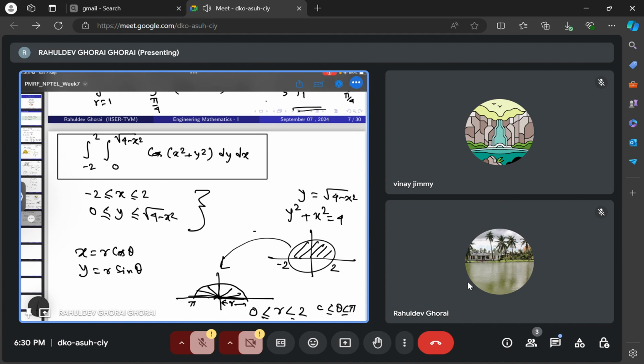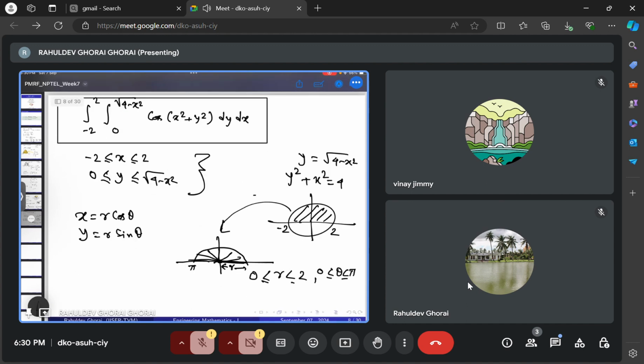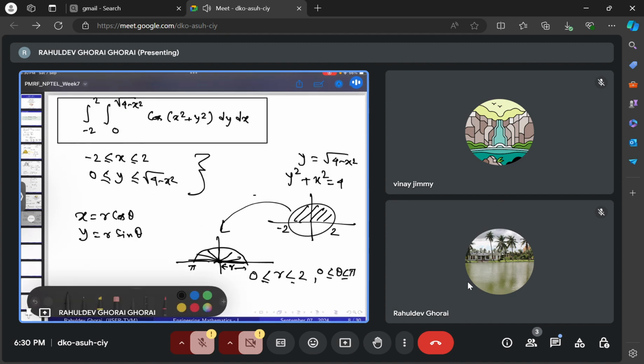So this quantity here changed to this quantity here.